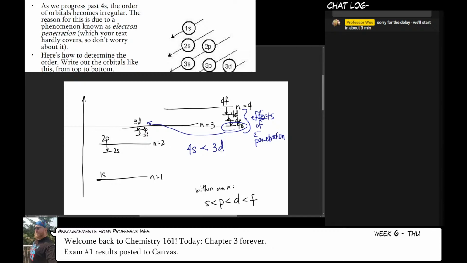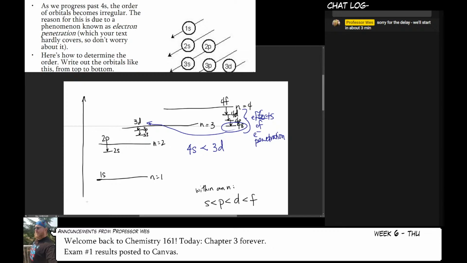So 4s is actually lower than 3d because n equals 3 and n equals 4 are so close together that the effects of electron penetration cause our orbital energies to drop below where 3d is. And this happens for all the n's past n equals 4. n equals 5, n equals 6, n equals 7.